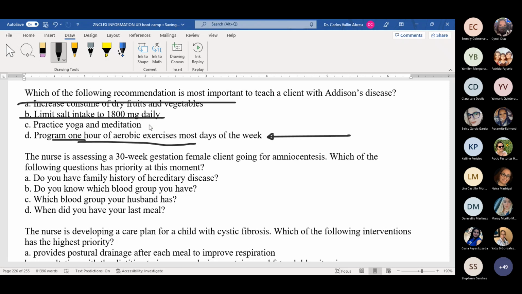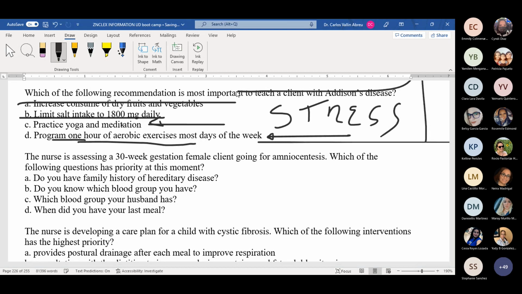And practicing yoga meditation. Why do you think that yoga meditation is better for an Addison client than exercising? Stress tolerance. They don't tolerate the stress. Physical exercise is a physical stress. If you are in good condition, of course, exercise is recommended.